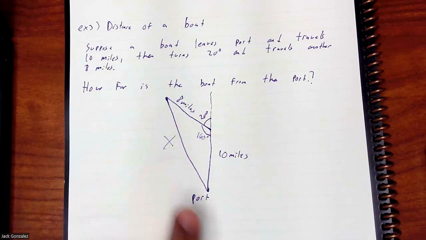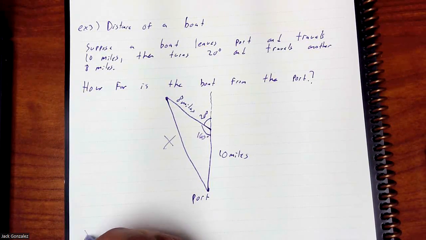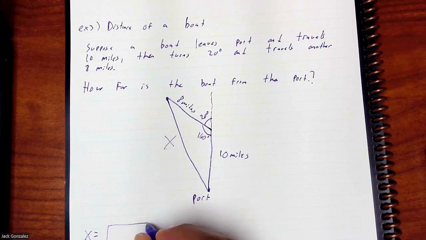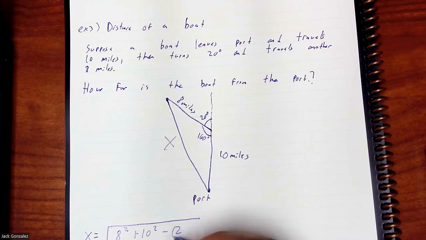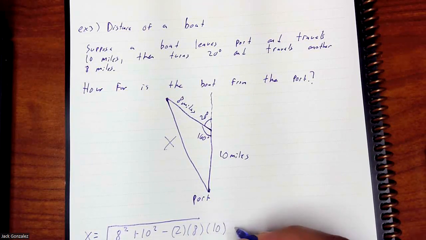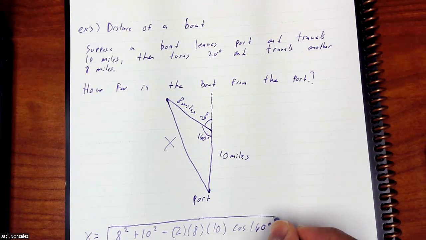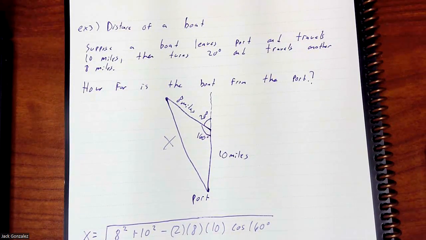So now that I have all those pieces, you can just use that formula for the missing side. All right, so x would equal the square root of 8 squared plus 10 squared minus 2 times 8 times 10 cosine of 160. It's basically one of the side formulas. That's it.